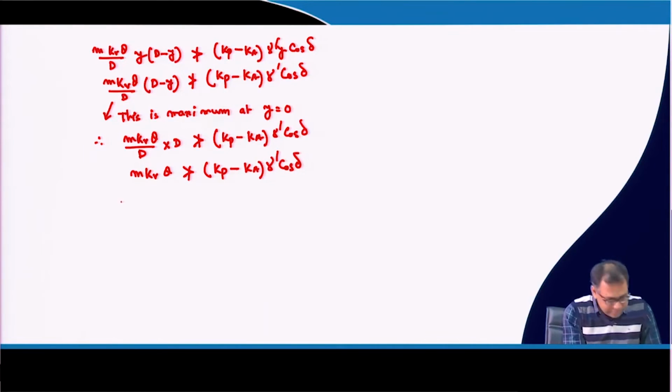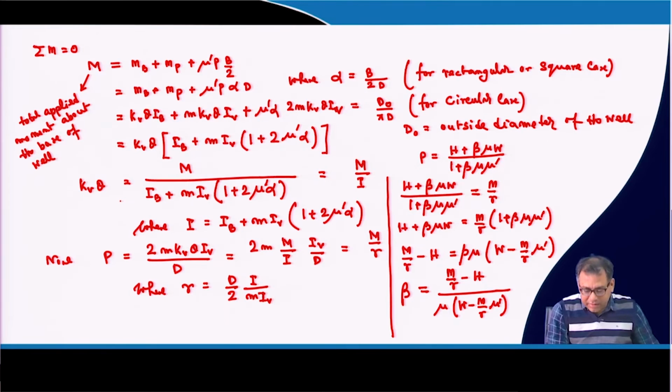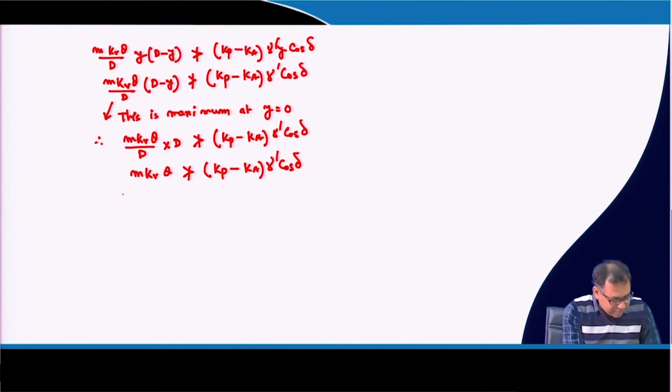Kv theta is equal to M by I, so I can replace that: small m into capital M by I should not be greater than Kp minus Ka gamma dash cos delta.